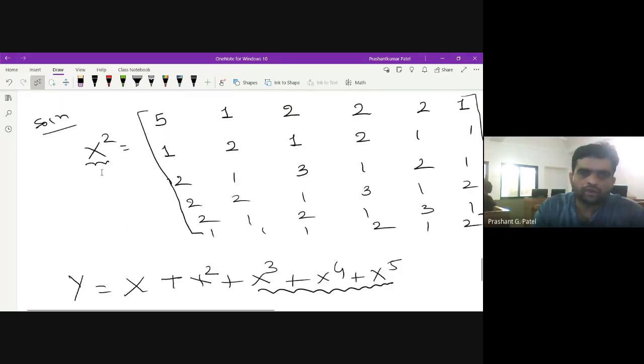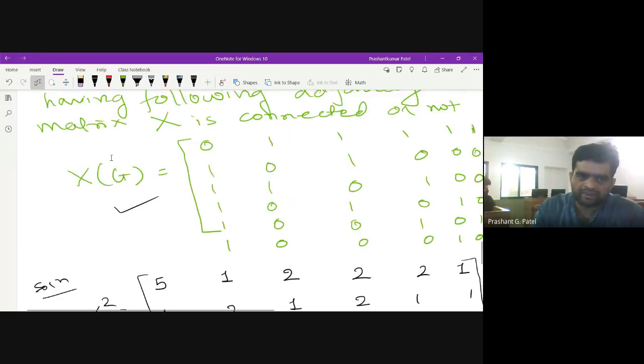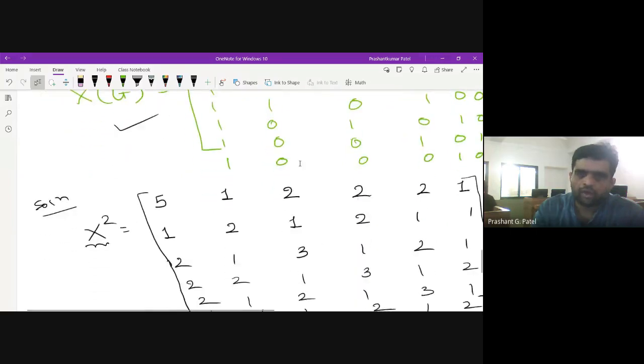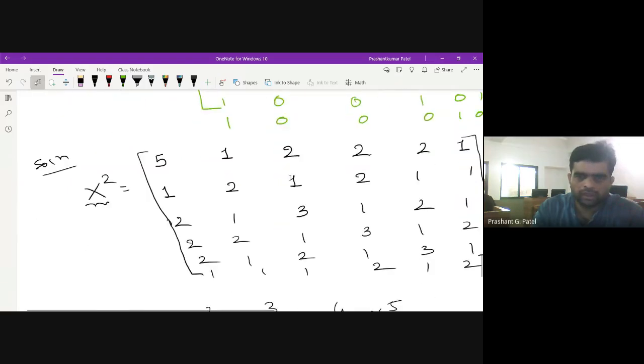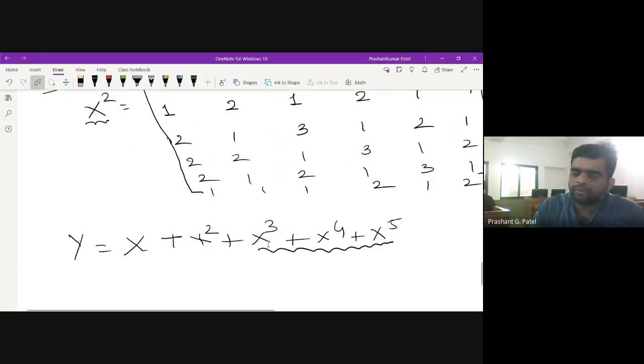And when you multiply this x square by x, again, all of the entries are either 0 or positive. Okay, so this x cube has positive entries, x raised to 4 also has positive entries, no one has a negative entry. So if the sum of the first two is non-zero, then the sum of all of them also contains non-zero entries.